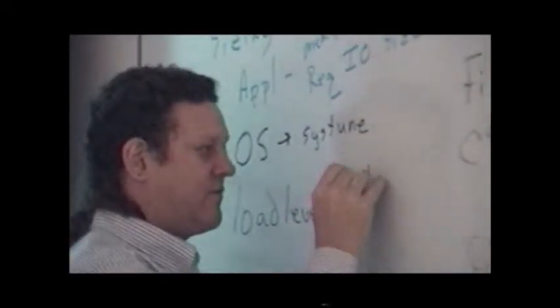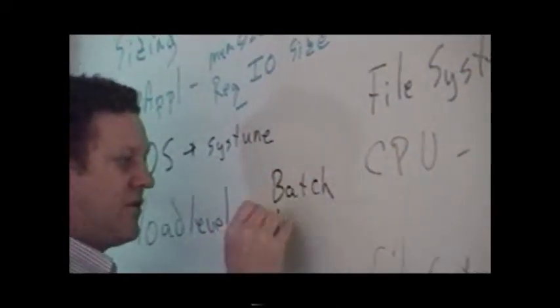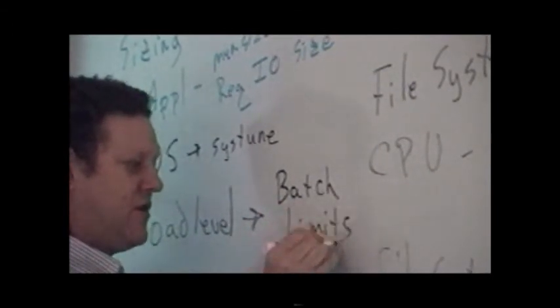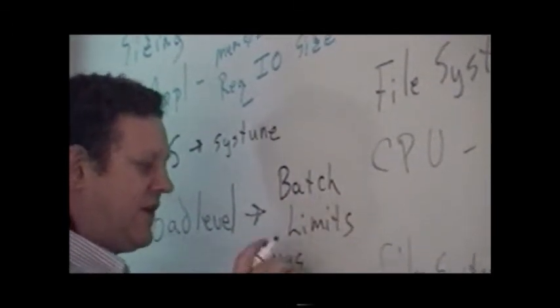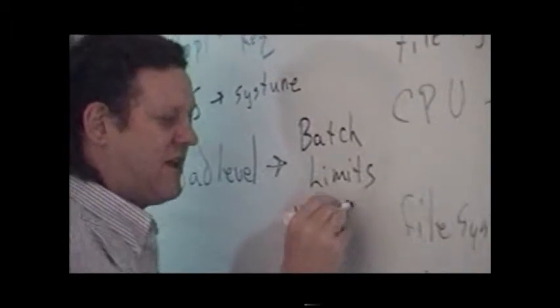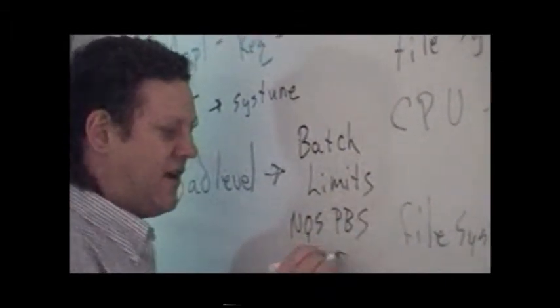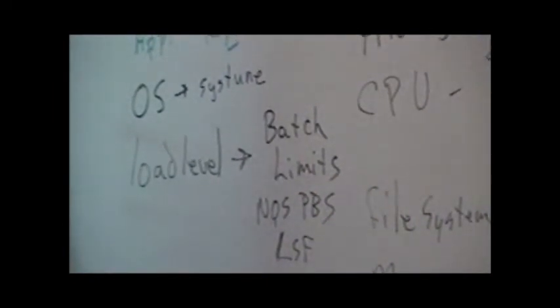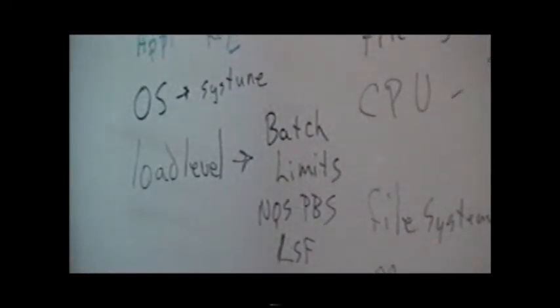After the OS, then we've got our load level. And this is a batch interface. So with NQE, which is also NQS, PBS, and LSF, I can set up limits and say, I do not want more than one program that's over 1 gigabyte in size to run on my machine.